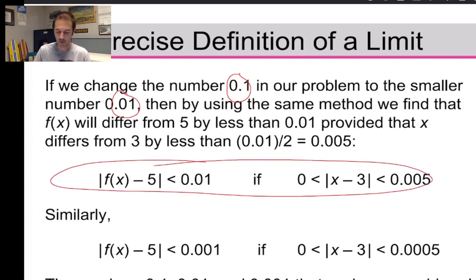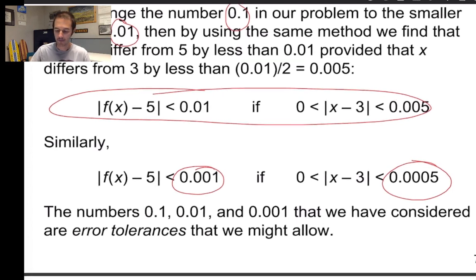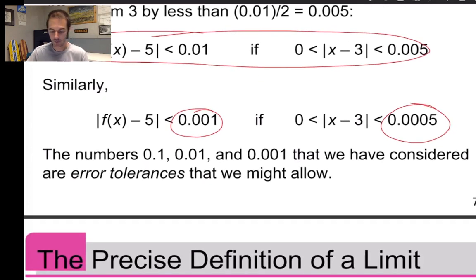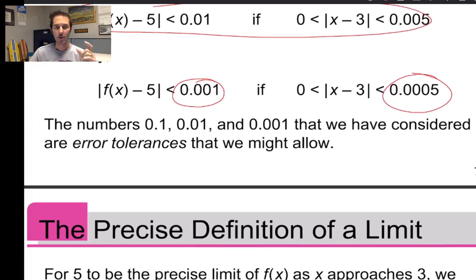That's what we're saying here. And if we change that epsilon value to 0.001, then we would have to change delta to half of that, 0.0005. So the narrower the constraints of our output value, the narrower the constraints of our input value are going to need to be.